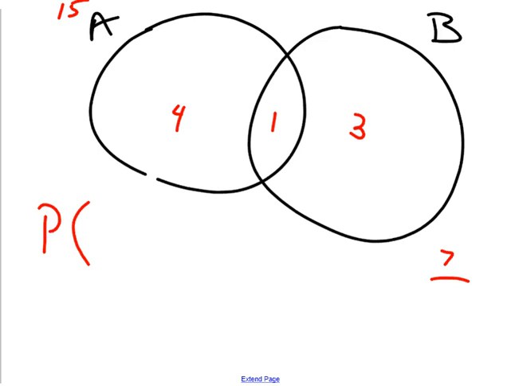Okay, then if I said A and B, get that answer. It's going to be totally different. A and B. Remember, are ands big answers or small answers? Small.